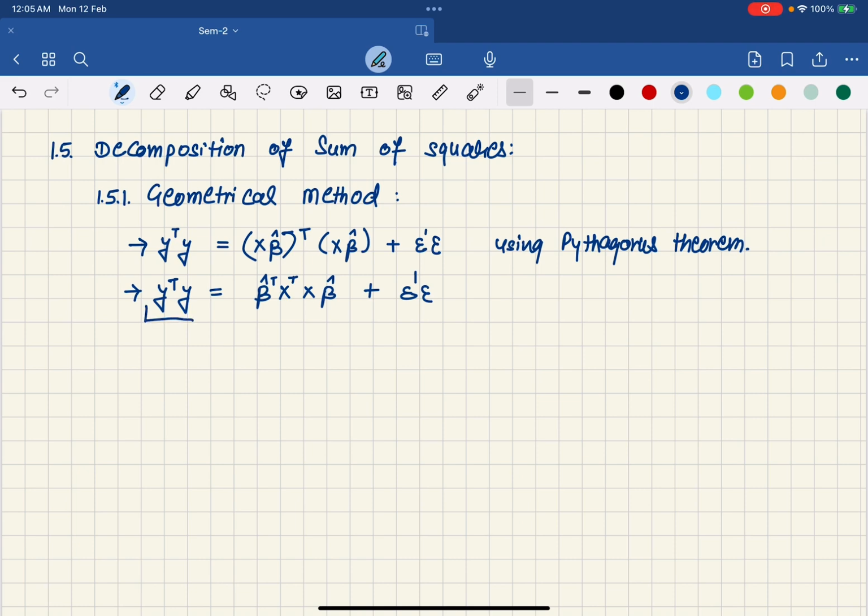Your left hand side is the total sum of squares. The first term on your right hand side is your explained sum of squares, and the second term is your residual sum of squares.